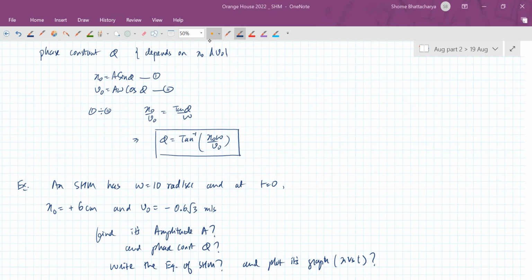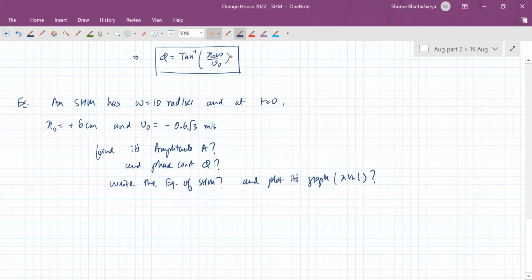Okay, anybody got the answer for this? It's basically just formula based. Yes, very good. So 6 centimeters will be the amplitude. No, not 6 centimeters. v naught by omega is how much? Minus 0.6 root 3 by 10, and this is in meters per second divided by radians per second.